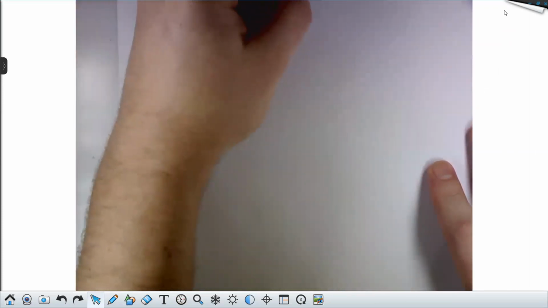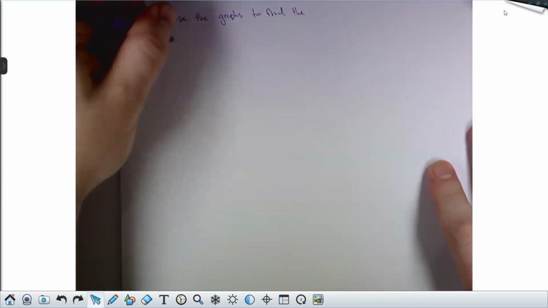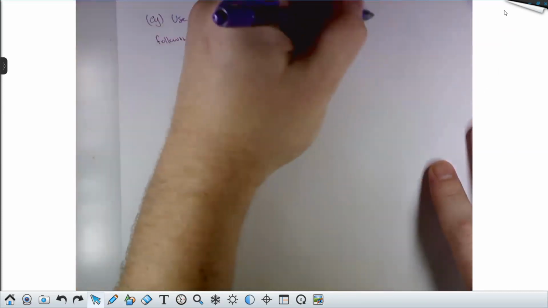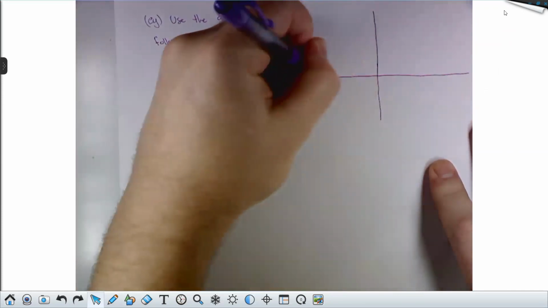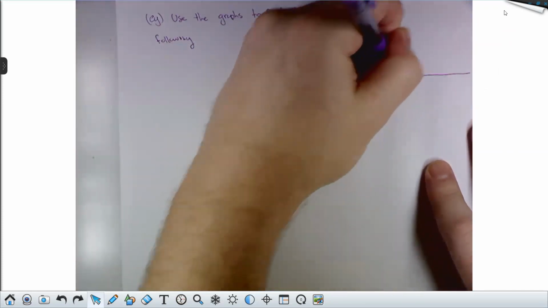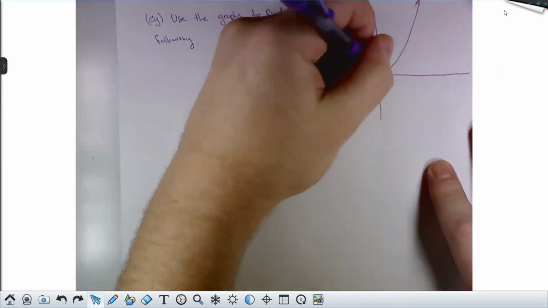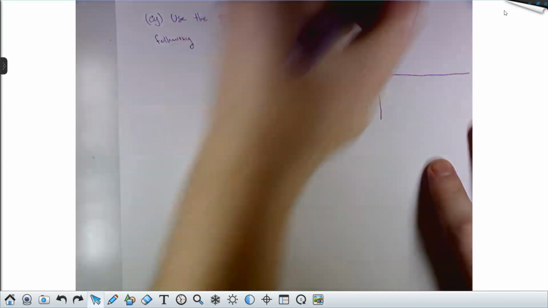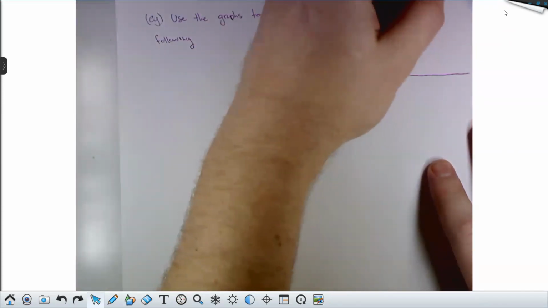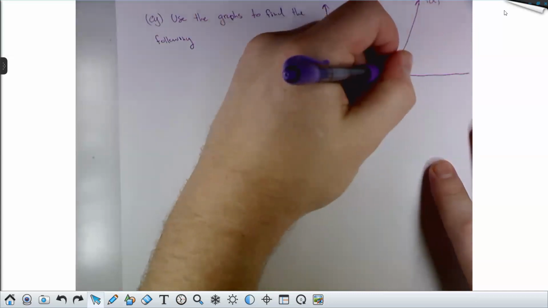I'm going to say use the graphs to find the following. I'll do a couple of graphs over here, and I'll make mine slightly different so you aren't robbed of the experience of solving that problem. So we'll call this one f of x. And just to be clear, there's some points that are on here.